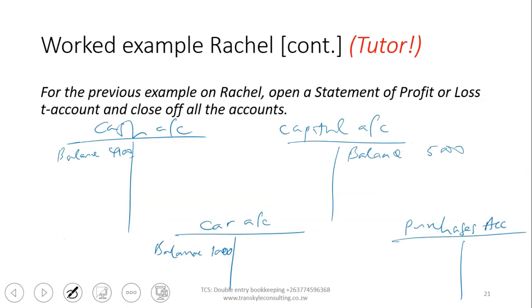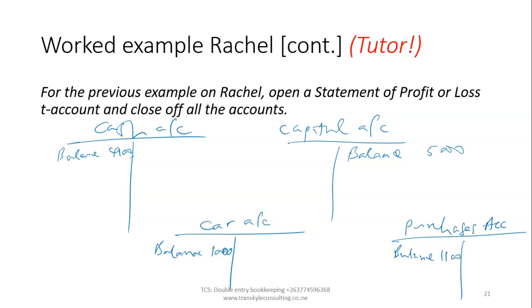I wanted to write it there, but I found out that the work could end up being a clutter. So we know that the purchases have got a debit balance of 1,100. That's our balance for the purchases.